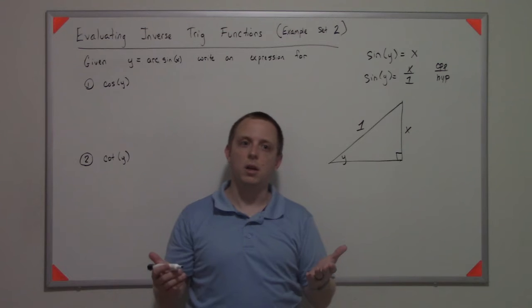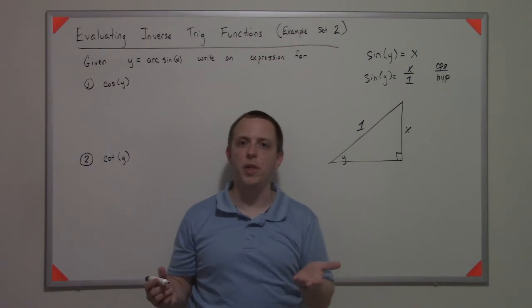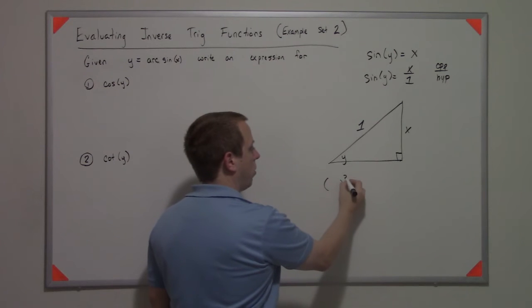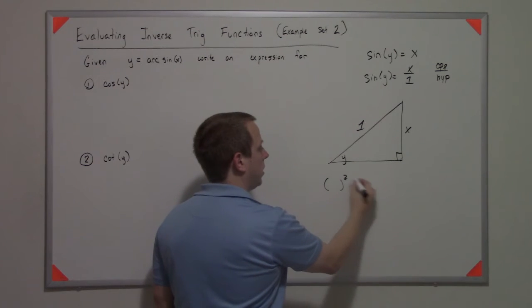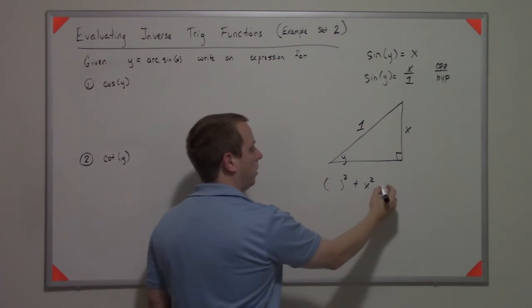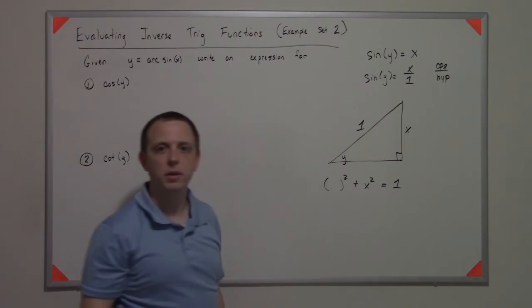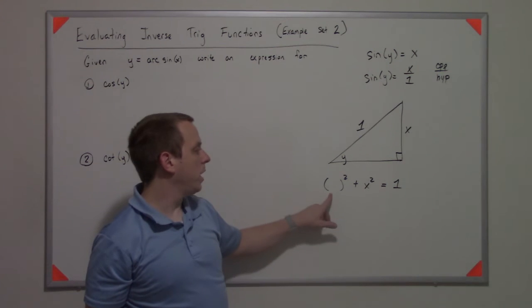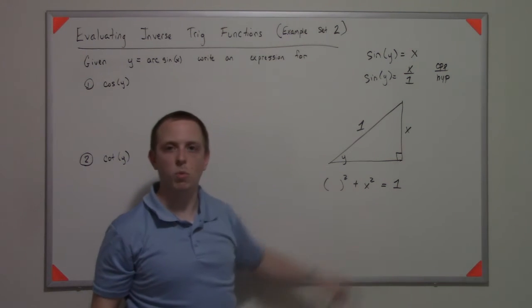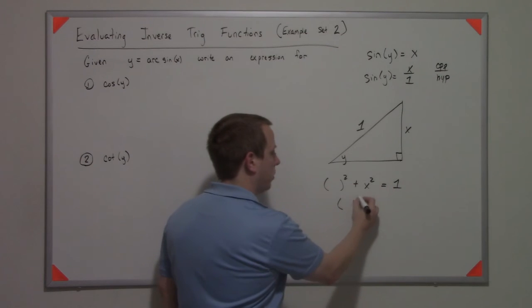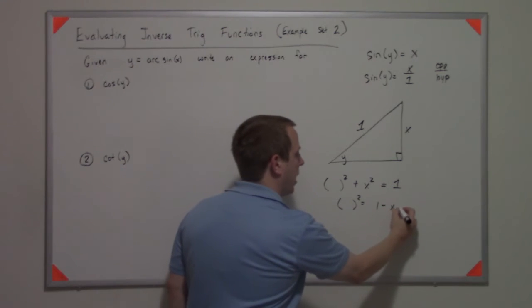But it's a right triangle, so you have the Pythagorean theorem at your disposal. So something squared plus x squared equals 1 squared. Whatever goes here, we don't know yet. So that something squared is 1 minus x squared.